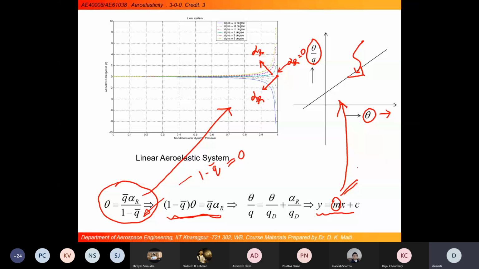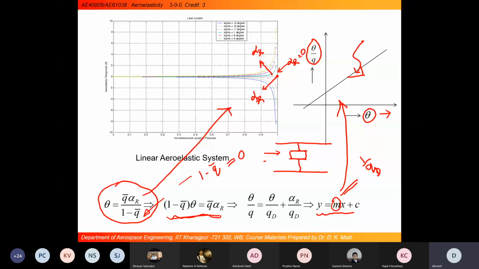Suppose we are considering a wind tunnel test, seen from the top view, and there is a flow in this direction. With an initial angle of attack, the deflection we get here, theta, is alpha.